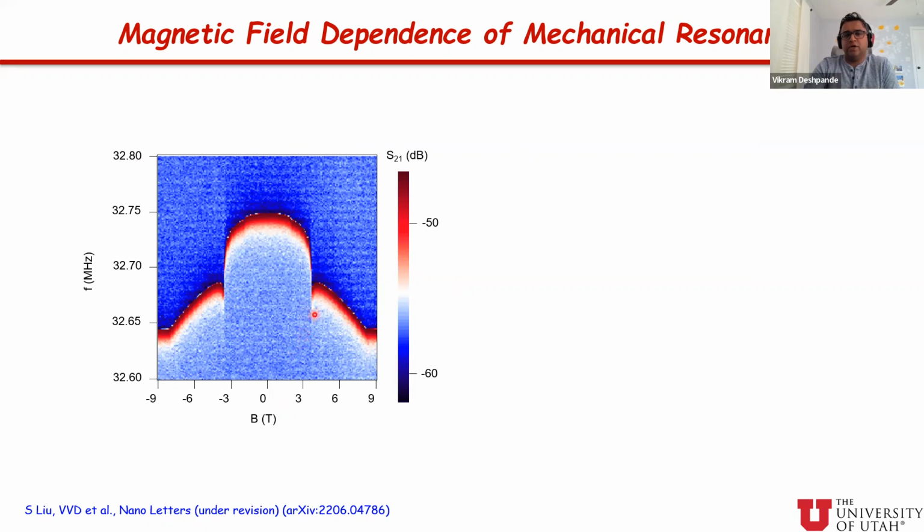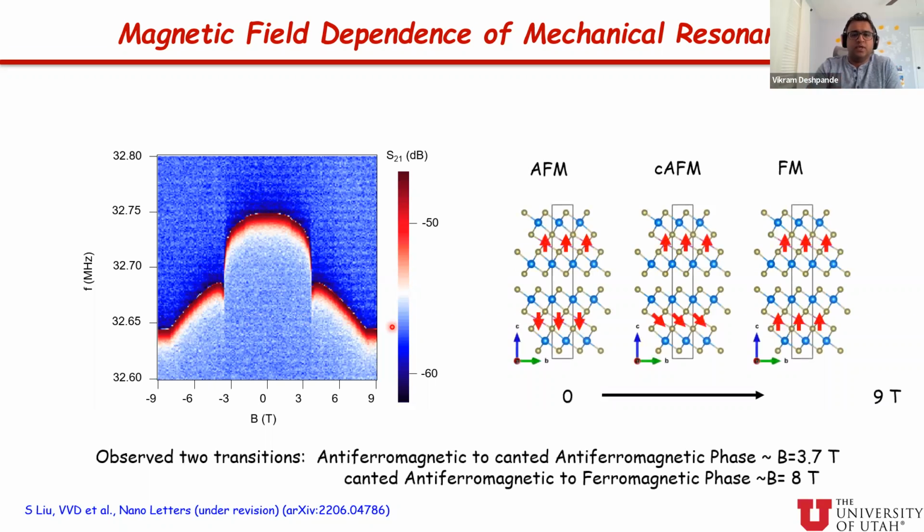The center phase is the antiferromagnetic phase. At around 3 or so Tesla, there is a transition to the second phase, which is the canted antiferromagnetic phase. And at higher fields, there is another transition, now to the ferromagnetic phase, right? And again, this is what these different phases look like.